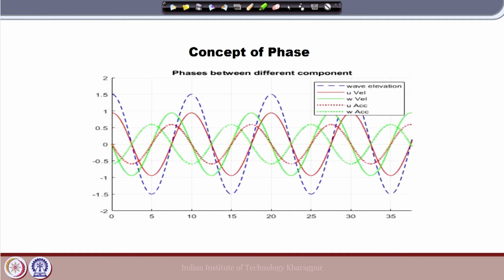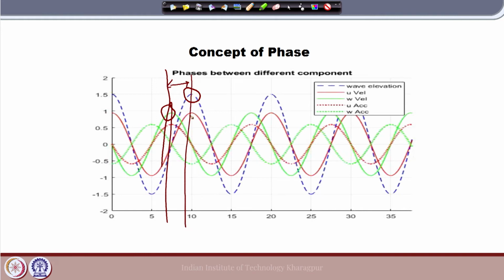If you look at the blue and the green, the blue becomes maximum at this point. Now, you can see the green is maximum at this point. So, therefore, you can see that there is a phase lag.